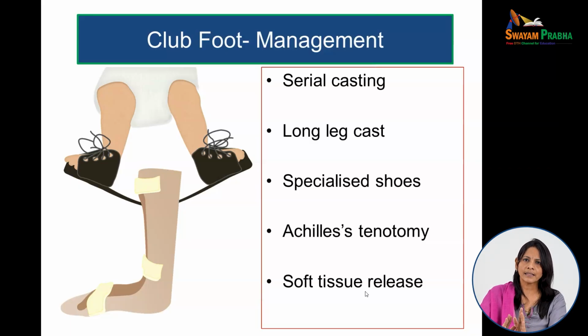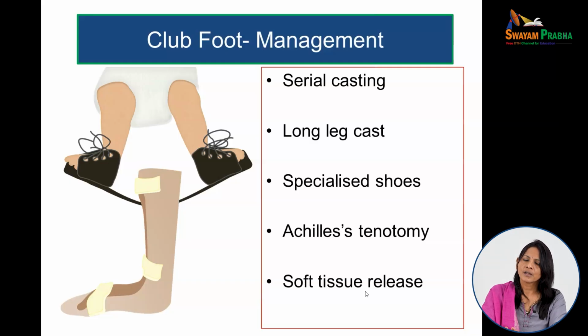So, in a nutshell, what I want the first MBBS students to learn is that the position of the foot can be changed back to normal depending on the severity of the presentation. A cast applied appropriately in a serial manner with a change in the position will take care as a conservative treatment, with specialized shoes.